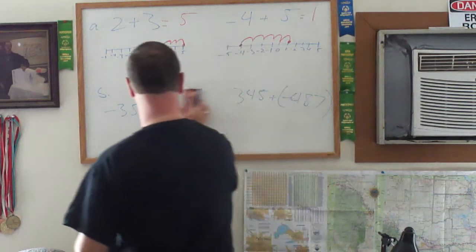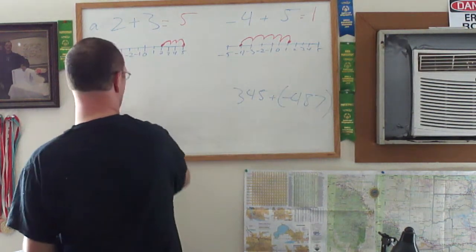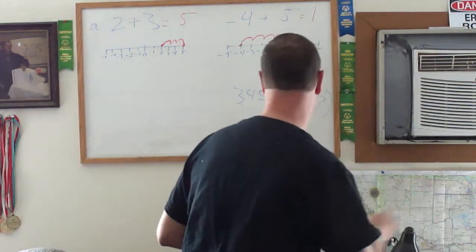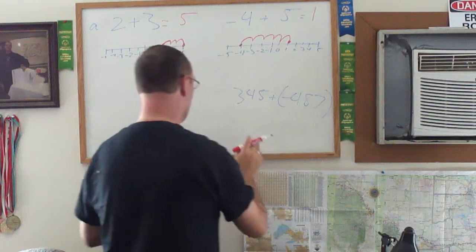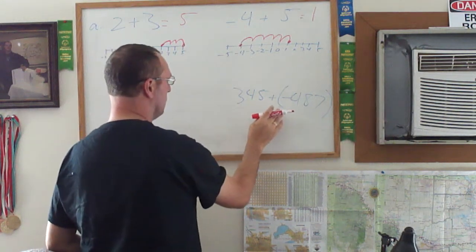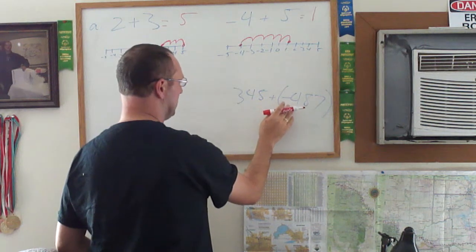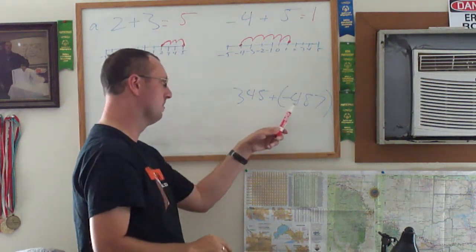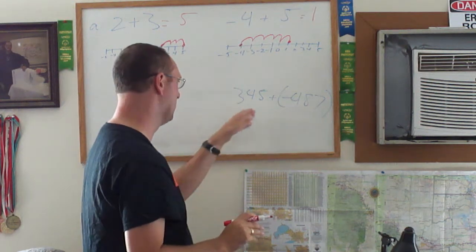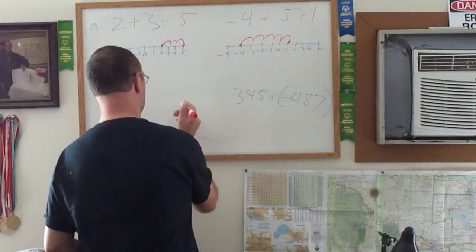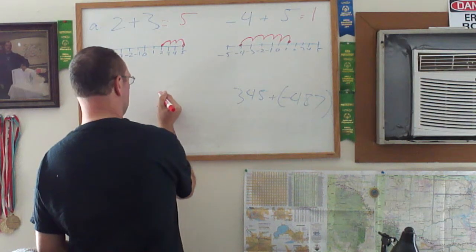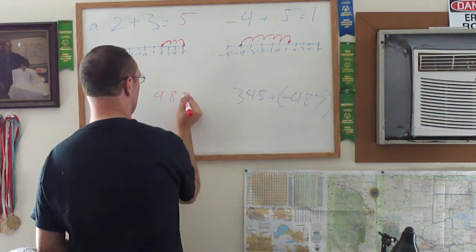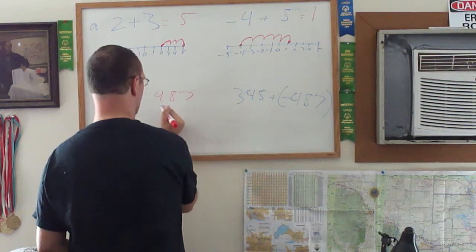Alright. We'll be more tricky with this one. 345 plus negative 487. Now this one right here is bigger, so I know it's going to be a negative. But I think it's like subtracting and stuff.